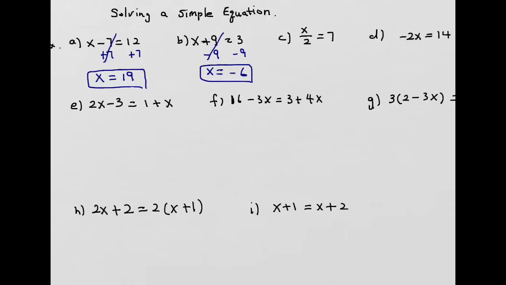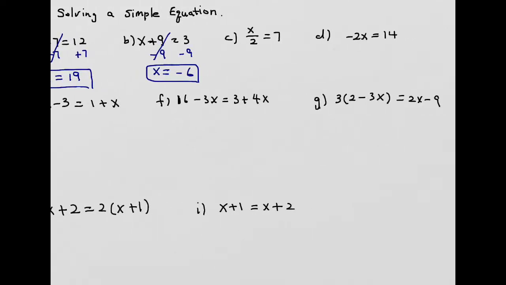Let's look at the next one. What about if we have x over 2 equals 7? You want to isolate x. That's what I've been saying. So in order to isolate x, you want to get rid of dividing by 2, right? So how do we get rid of division by 2? By multiplying by 2, right?